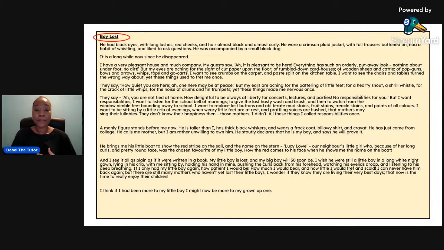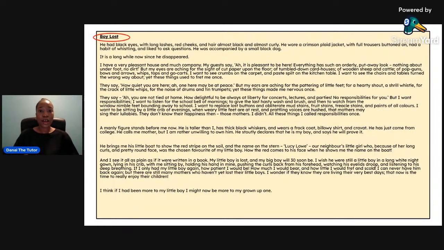That's the main message. That's the argument that the writer is putting forward. So as we read, think about how the way it's organized helps to support that argument, how it persuades the reader. Okay, so we're going to start.